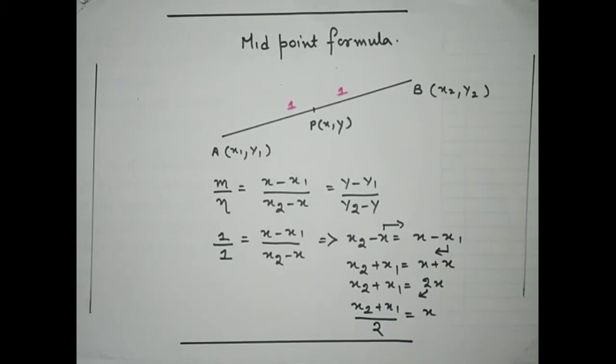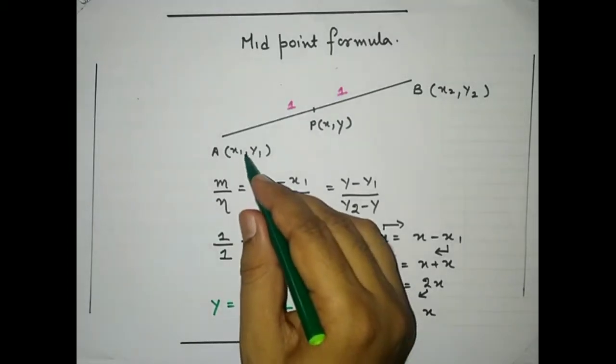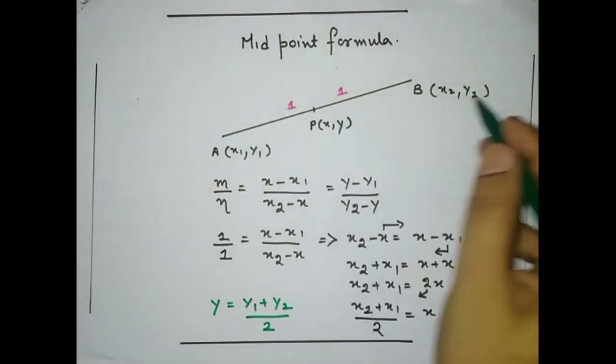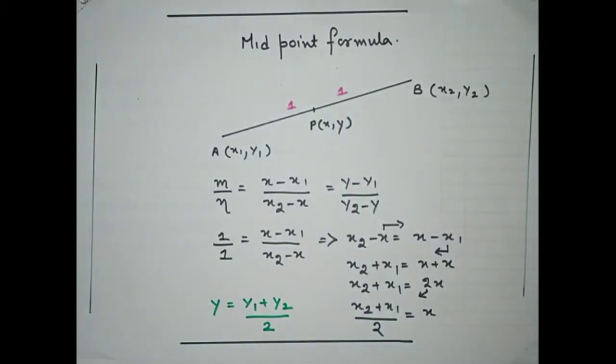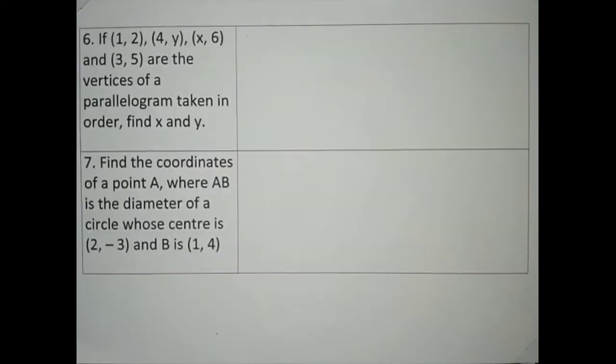So directly, if we need to find x, we should add the abscissa of the terminal points and divide it by 2. Similarly, to find y, we will add the ordinates and divide by 2. That is y1 plus y2 over 2. Remember this formula carefully.